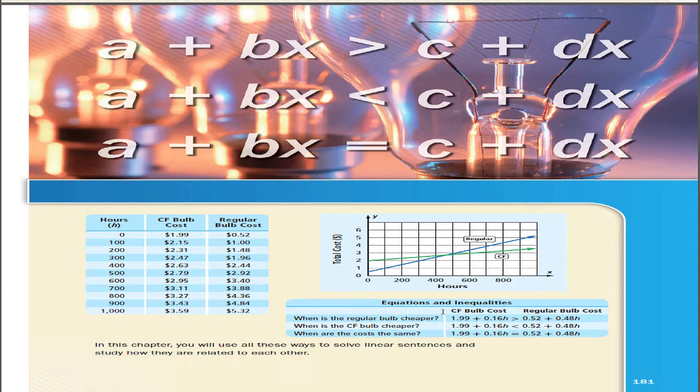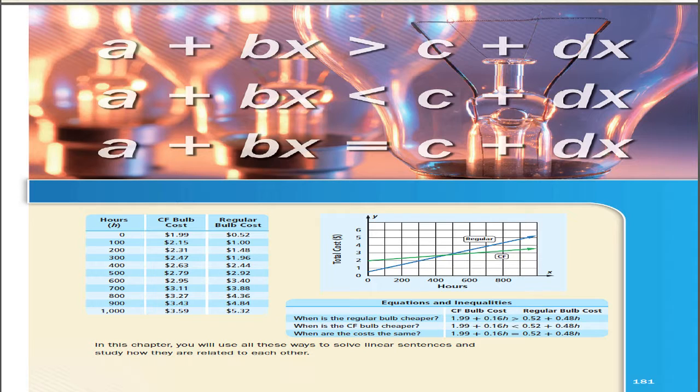And then finally, we're looking at the equations we can write about the inequalities for the different situations, and finally the equivalency statement when they are the same, which is where the two lines intersect. So we've got various representations we can look at.